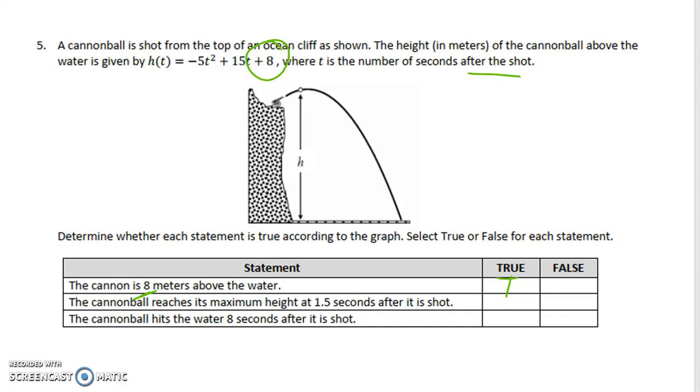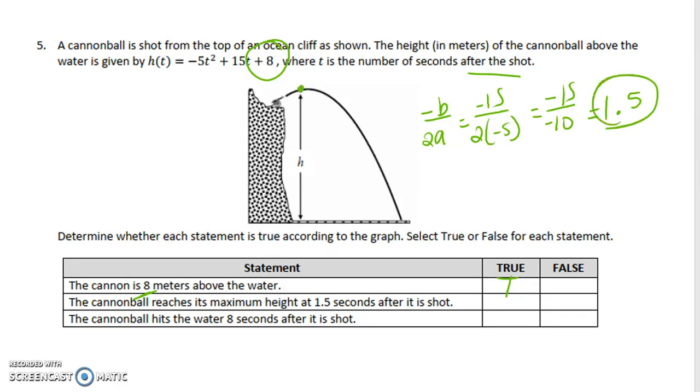To figure that out, we use the vertex formula, negative b divided by 2a: negative 15 divided by 2 times negative 5, so negative 15 over negative 10. The maximum height occurs at 1.5.